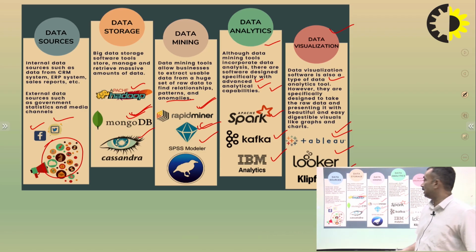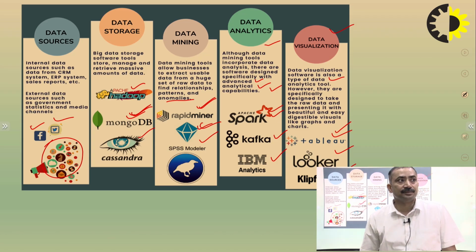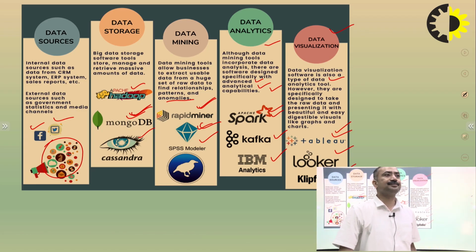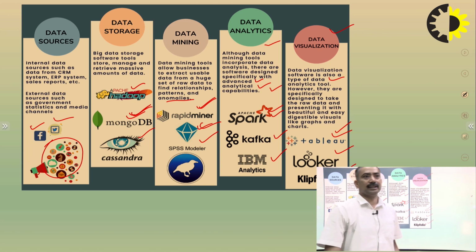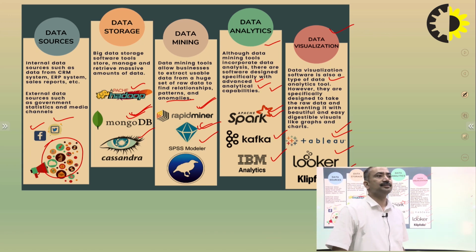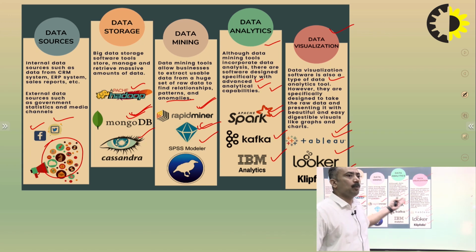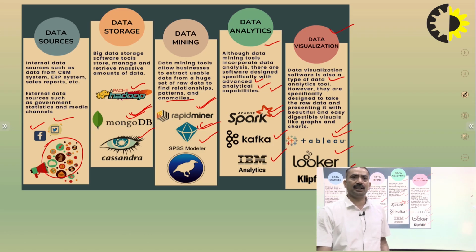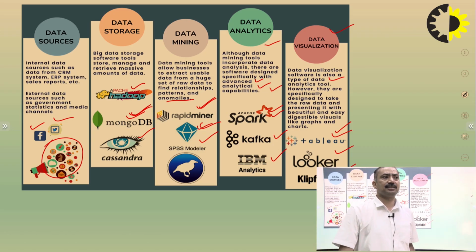Then we have data analytics tools, such as Spark, basically used for analytic purposes. Spark is a popular big data tool for data analysis because it is fast and efficient at running applications.